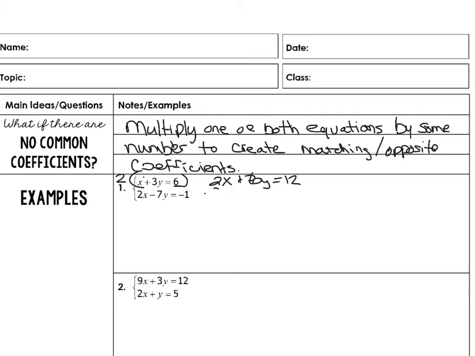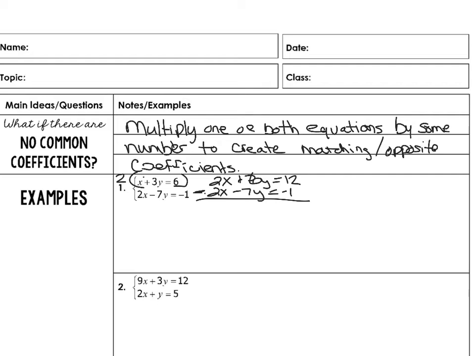So now, with the second equation, all I have to do is subtract, and I can cancel out my x's. Okay, so by multiplying that first equation by 2, I was able to match the coefficients of a variable in order to eliminate by adding or subtracting.